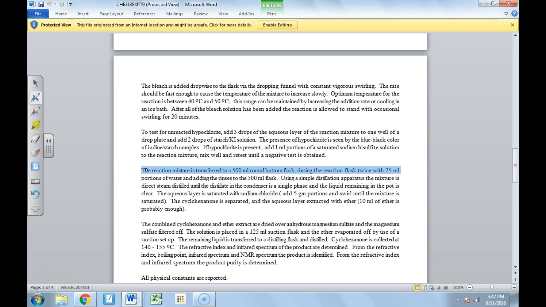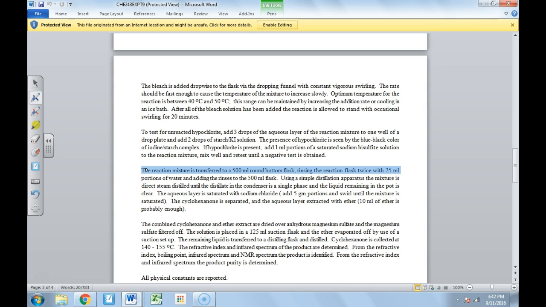how much cyclohexanone do you think we're going to be making? Are we going to be making 300 milliliters of cyclohexanone? No. If we started with 10 cyclohexanol, we're probably going to be making around 10 cyclohexanone. If we start with 20 milliliters of cyclohexanol, we're probably going to have about 20 milliliters of cyclohexanone.